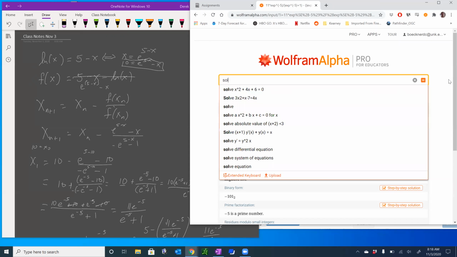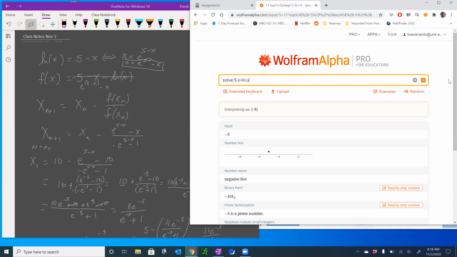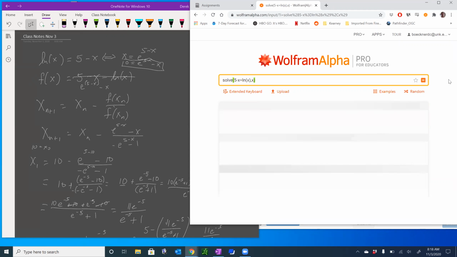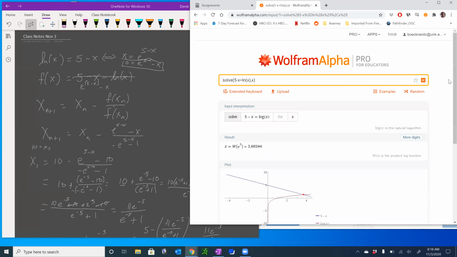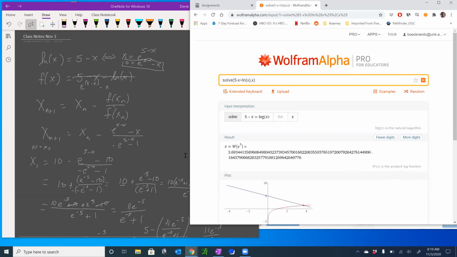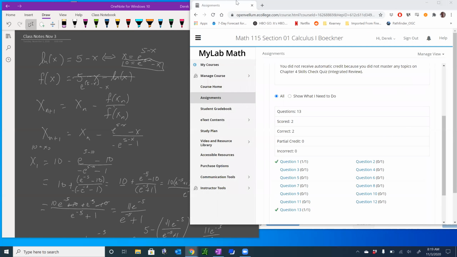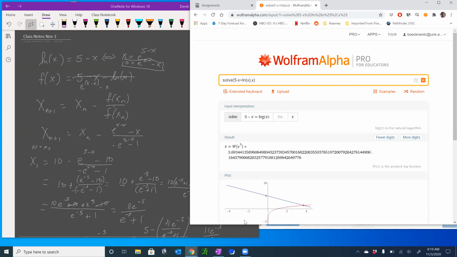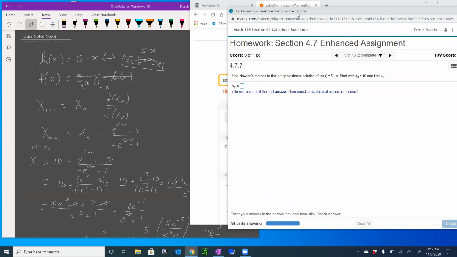I wonder if it even, there's only one. If the question is asking us to be accurate to 6 decimal places, I wonder if it's actually accurate to 6 decimal places.